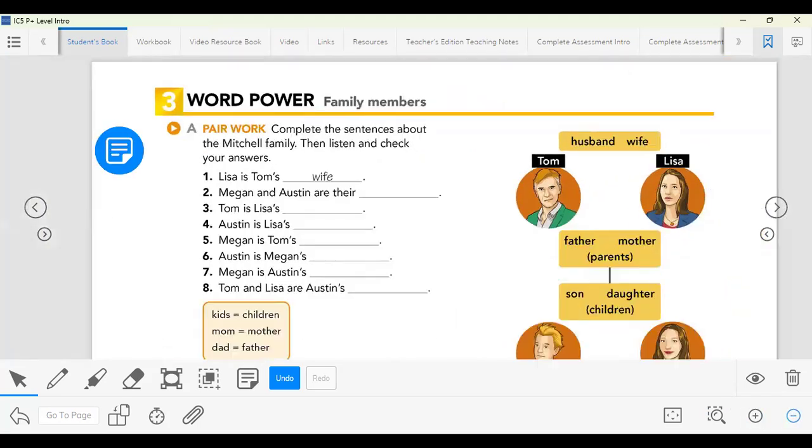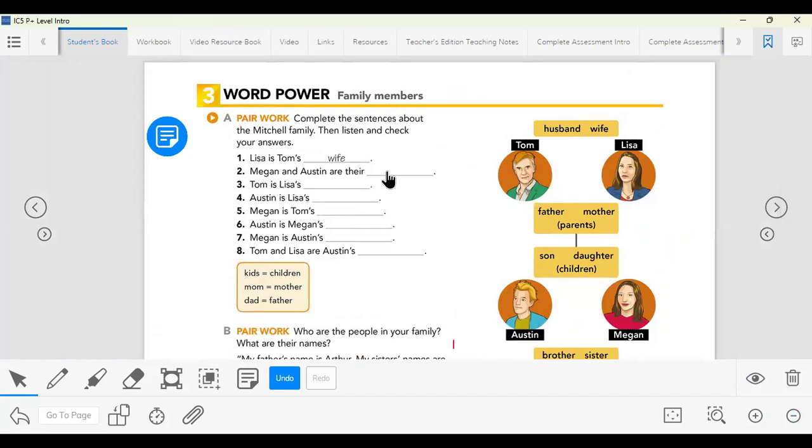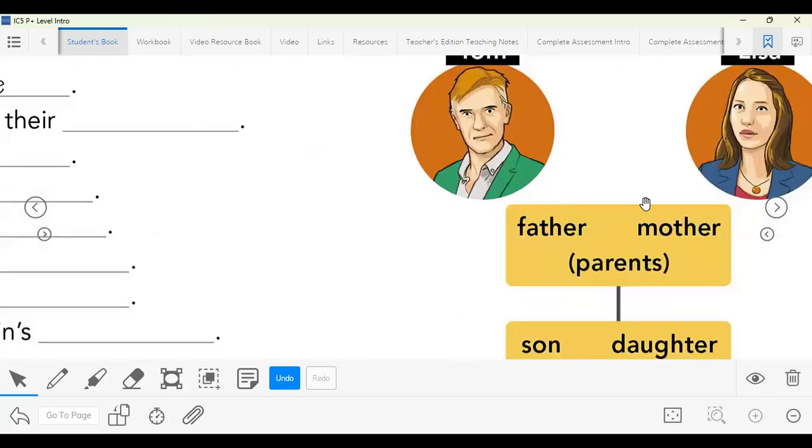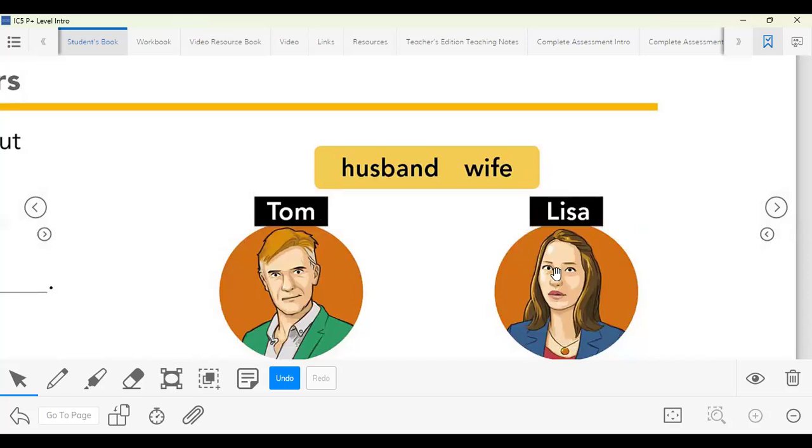Okay, so we can observe here some names. Lisa and Tom, Austin and Megan. Okay, so they have a connection because they are family members. So Lisa and Tom got married.